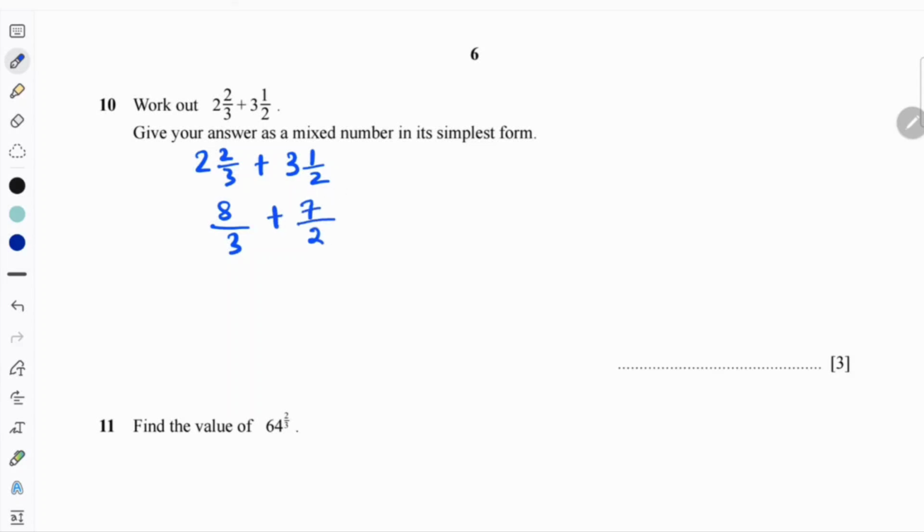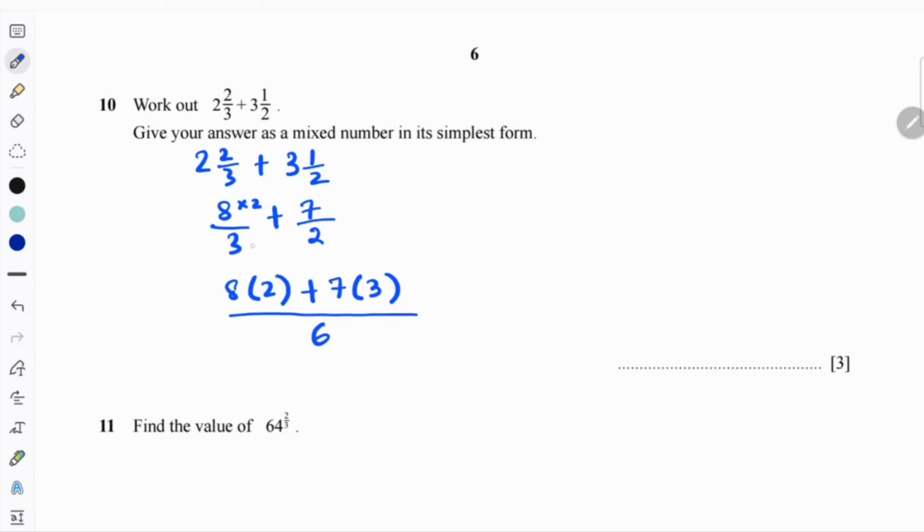As we know that the denominators are unequal, we'll take out the LCM. So the LCM will be 6. We'll multiply 8 times 2 plus 7 times 3, and then the denominators will be equal, that is 6. What are we doing here?